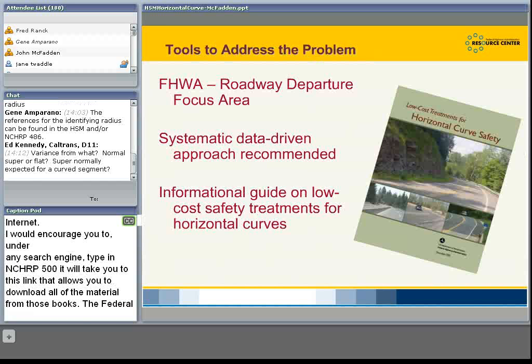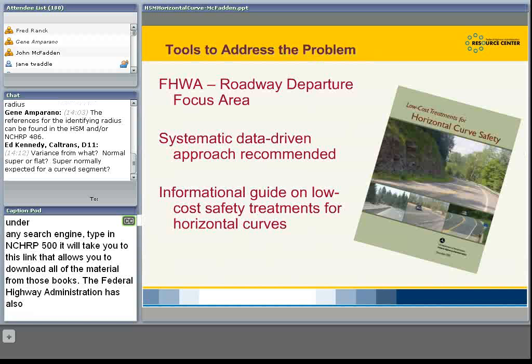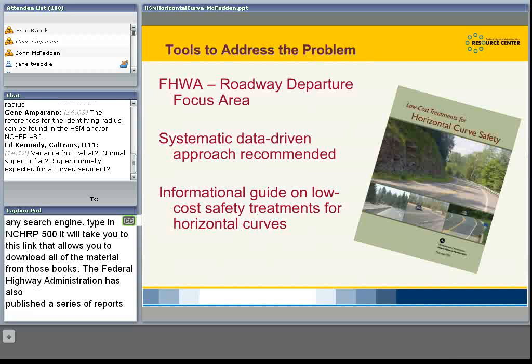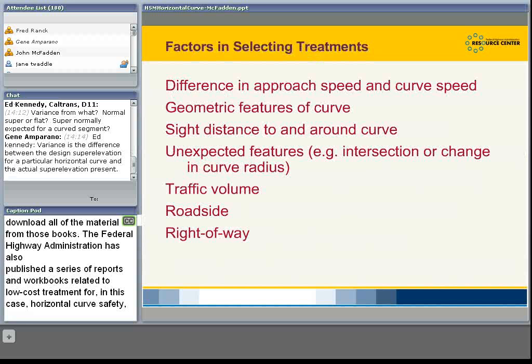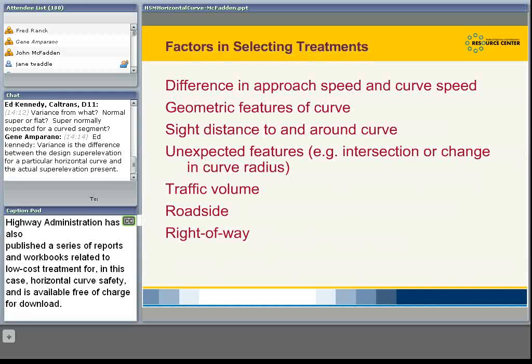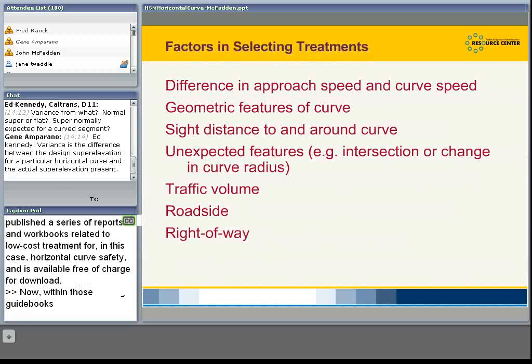These 500 series guidebooks are available free of charge, and you're able to download them on the internet. I would encourage you to type NCHRP 500 series guidebooks into any search engine, and it will take you to this link that allows you to download all the material from those guidebooks.